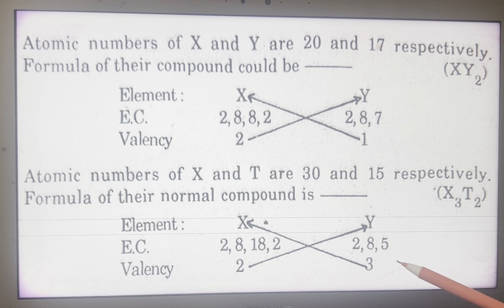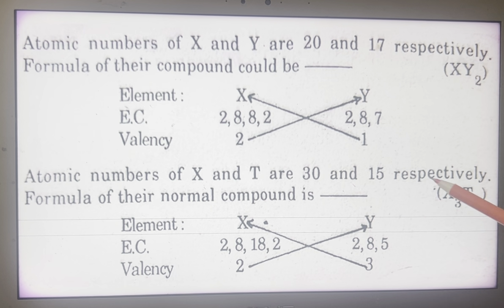Here you see Y. Y is 1s2, 2s2, 2p6, 8, 3s2, 3p3. Total 5 electrons are there in 3s2 3p3. But it is more than 4, so 5 minus 8, which means minus 3.